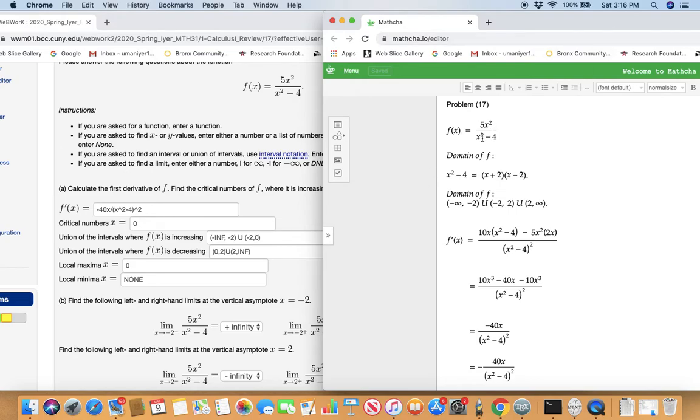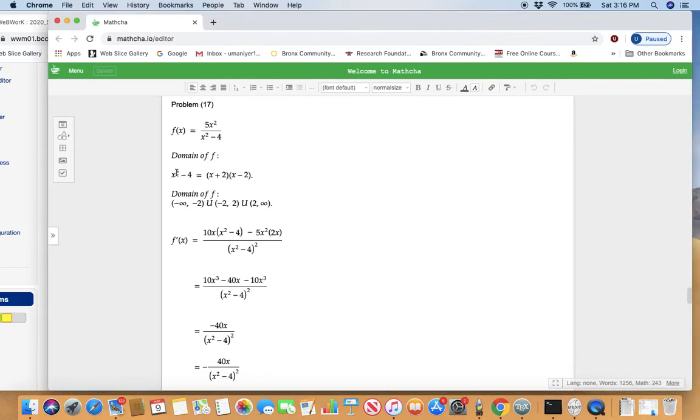f(x) is 5x squared over x squared minus 4. To begin with, the domain of f. Where is this defined? Look at the denominator. If you factor it, you get (x plus 2)(x minus 2). This gives me negative 2 as a 0, and this gives me positive 2 as a 0.